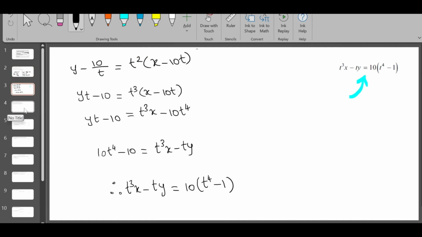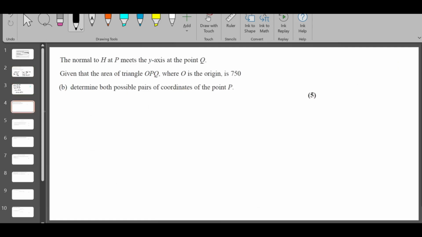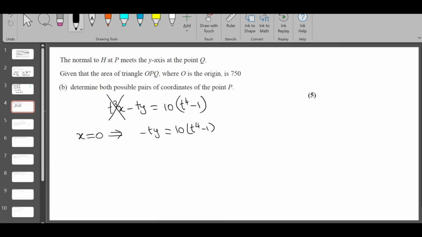Let's move on to part B. The normal to H at P meets the y-axis at point Q. This is the normal to H. T cube x minus ty is 10 times t power 4 minus 1. So if it meets the y-axis at Q, replace x by 0 to find the point. So this becomes 0 minus ty is 10 times t power 4 minus 1.